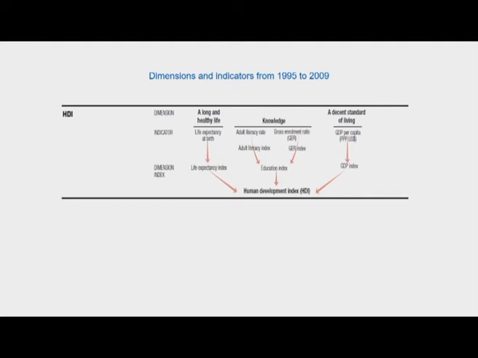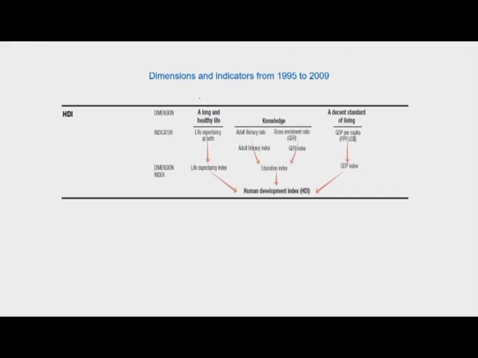So in 1994 there was a change in the indicator. Another change came about in dimensions and indicators, particularly not in dimensions, in 1995, and this change in indicators continued from 1995 to 2009. If you see the dimensions, long and healthy life, knowledge and decent standard of living, it continues to be the same till the recent HDR.